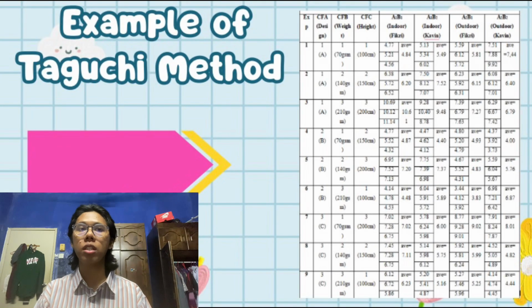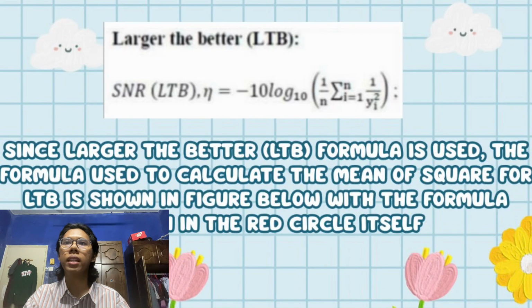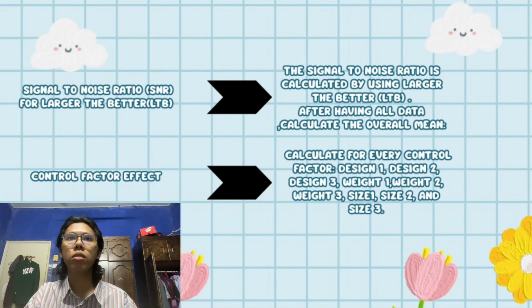Example of Taguchi method table. Since the larger-the-better formula is used, the formula used to calculate the mean of squares for larger-the-better is shown in the figure. Signal to noise ratio for larger the better.